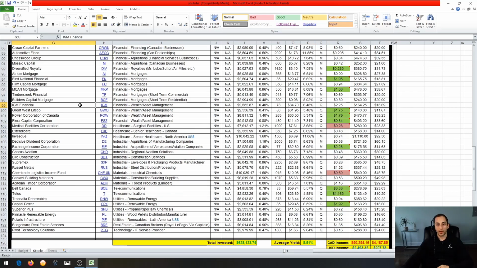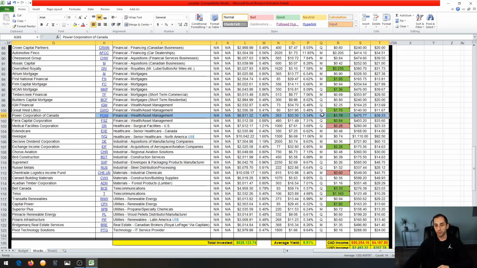So the next ones are my wealth or asset management companies. You have Investors Group, which does purely asset management, and then you have Great West Lifeco, which is one of the four biggest life insurers in Canada. So they also do asset management. So these two are actually cousin companies because they're owned by one giant corporation called the Power Corporation of Canada, one of the oldest dividend aristocrats in Canada.